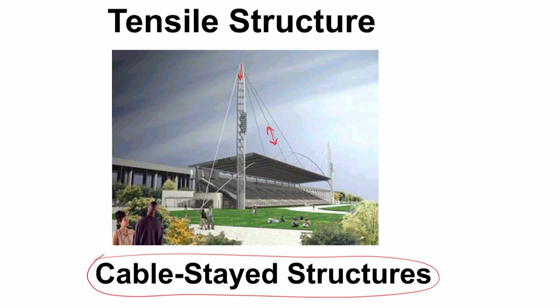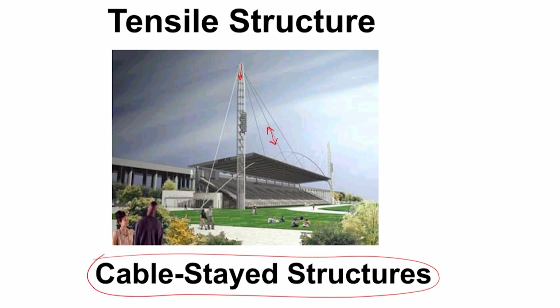It is the tension from the cable and compression inside the post. That kind of structure becomes very material efficient, and it has been used for connecting bridges, for suspension bridges, or also for this type of enclosure designs like stadiums, etc. So, this is a beautiful example of a tensile structure.